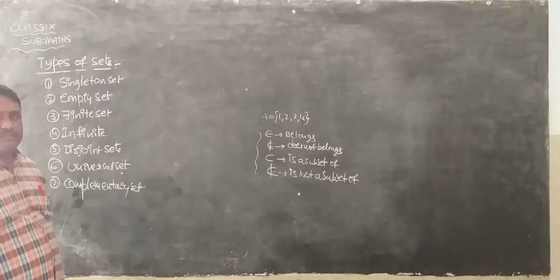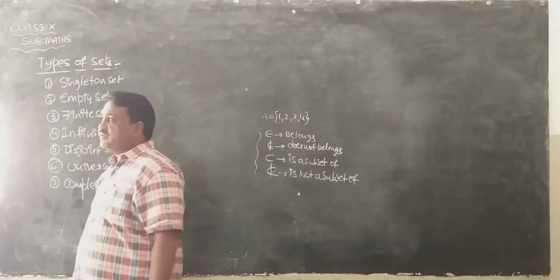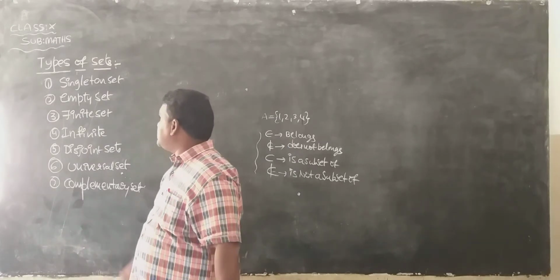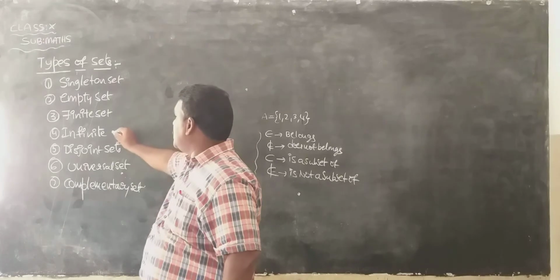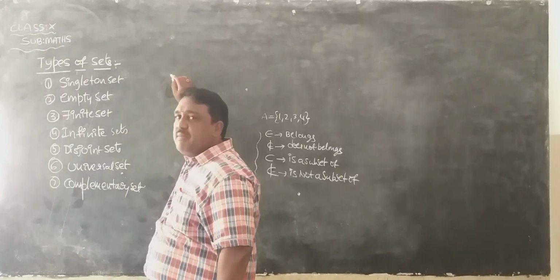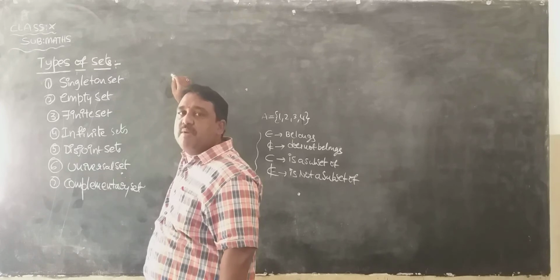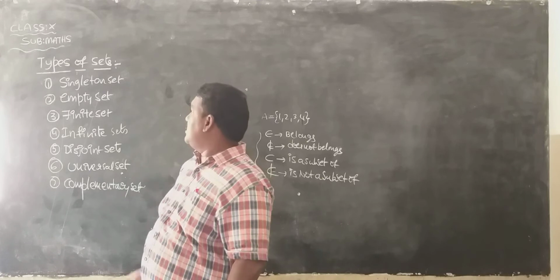So like that, different types of sets are there: singleton set, empty set, finite set, infinite set, disjoint sets, universal set, complementary set.